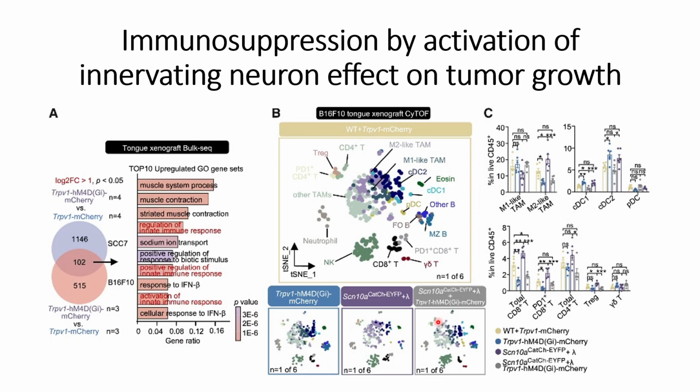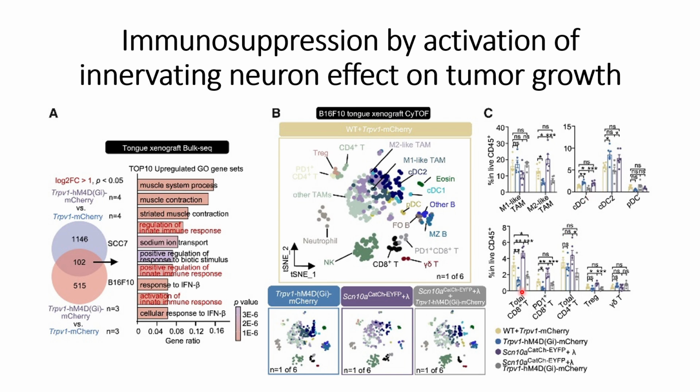Whereas when they used the fourth system, adding chemogenetic inhibition to the CatCh model, they see a decrease in tumor associated macrophages, and both conventional dendritic cells 1 and conventional dendritic cells 2 go up compared to the case where only the CatCh model is used.